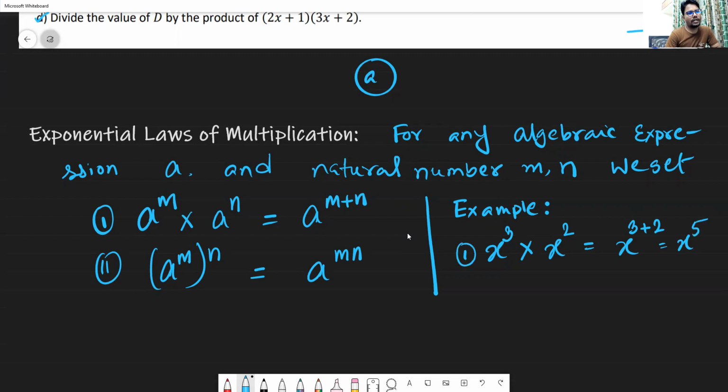This is example 1, and another example we can write here x to the power 3 to the power 2, which is x to the power 6, and this is our answer. Simply multiply, and here is addition. So this is the formula of exponential laws of multiplication.